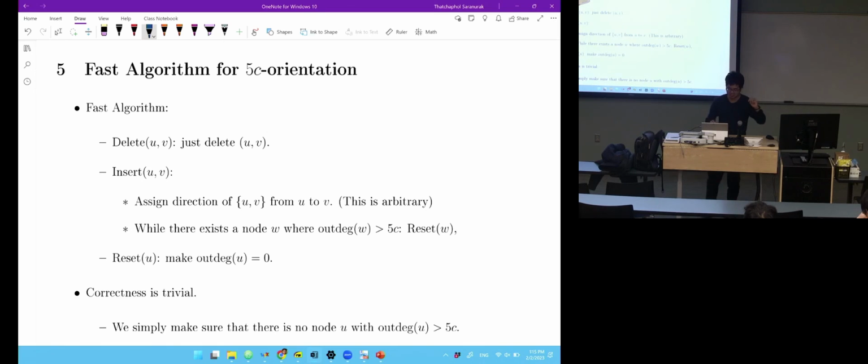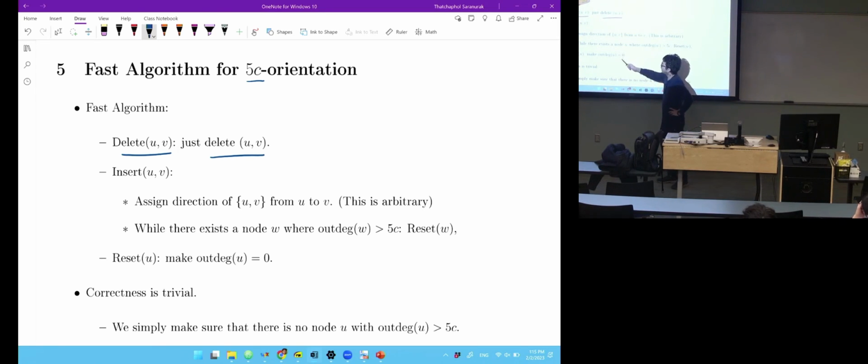But now let me tell you a totally different algorithm that I claim will maintain a 5C orientation. The algorithm is this. When you delete, do nothing, just delete it. And when you insert, you just assign direction from U to V again. But now I do something very stupid.